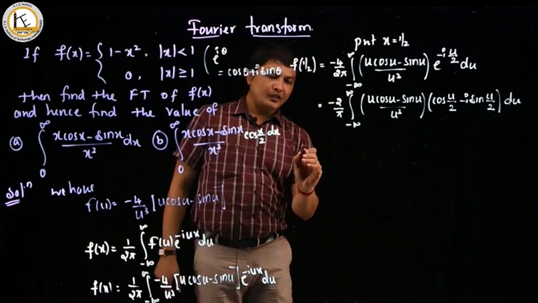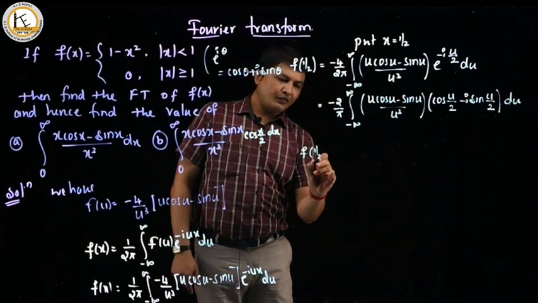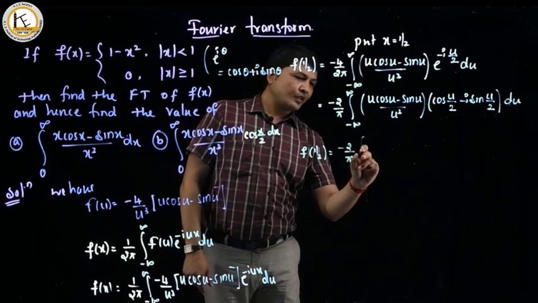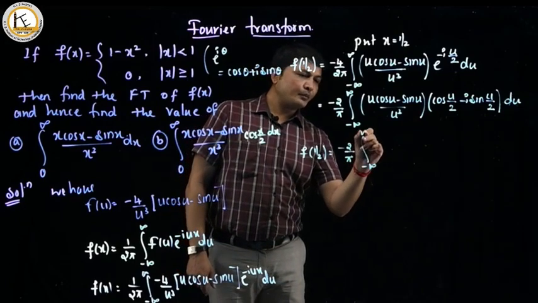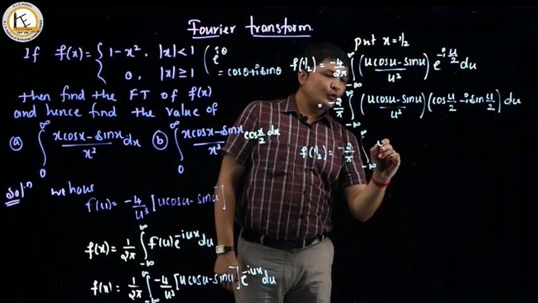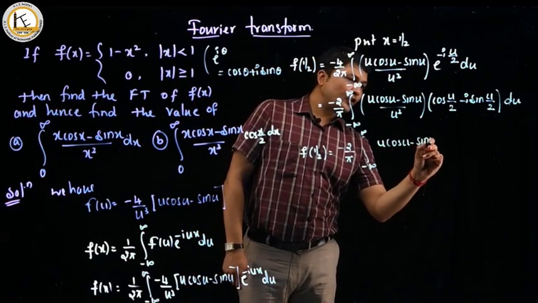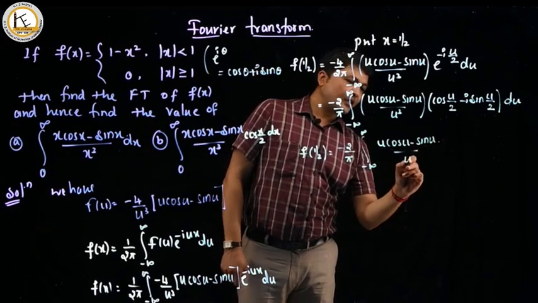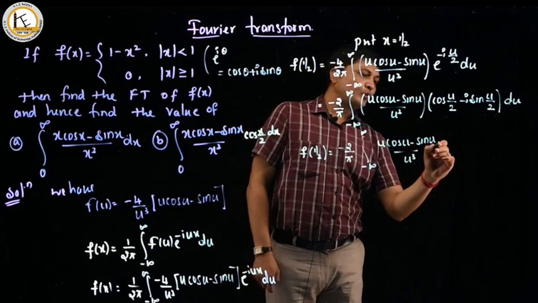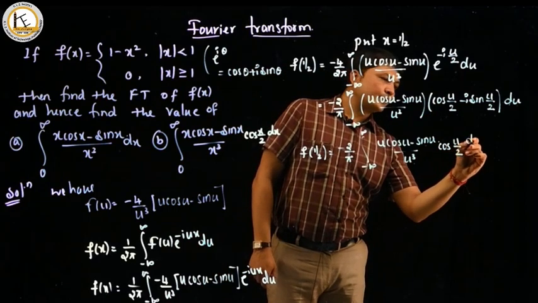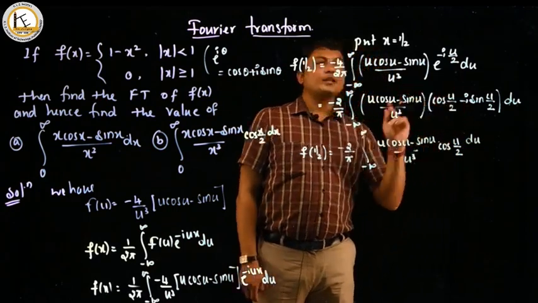So we have f of half equal to minus 2 by pi integral from minus infinity to plus infinity of u into cos u minus sin u divided by u cube into cos u by 2 with respect to u, ignoring the imaginary part.